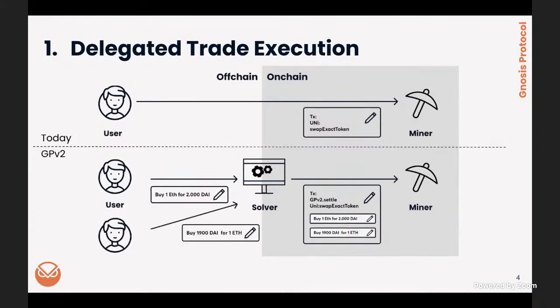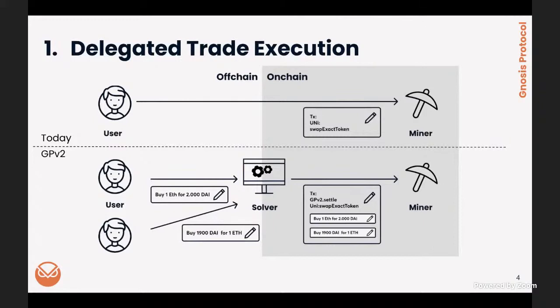Another aspect of this extra layer of indirection is that now not only can we settle each intent to trade individually, we can also start aggregating multiple trade intents together and settle them all in a single on-chain transaction.